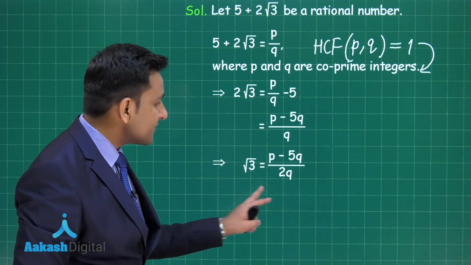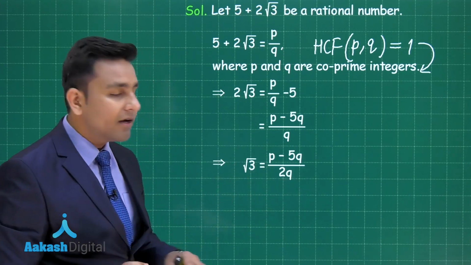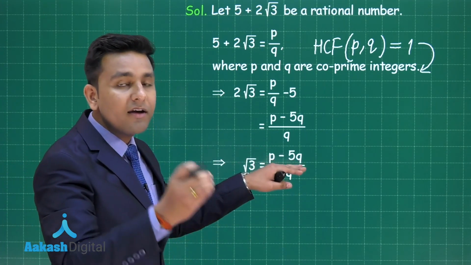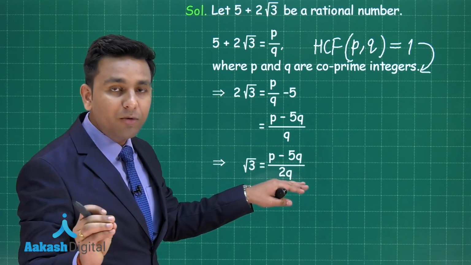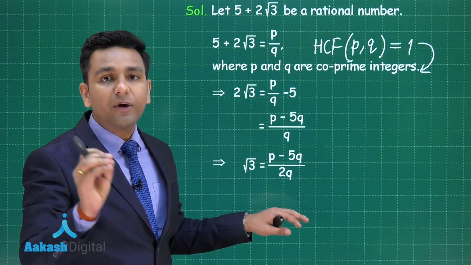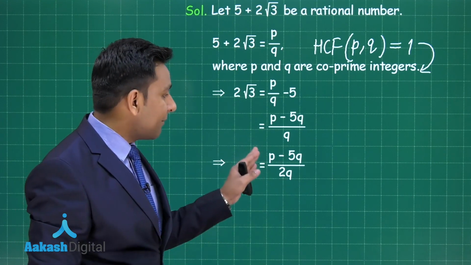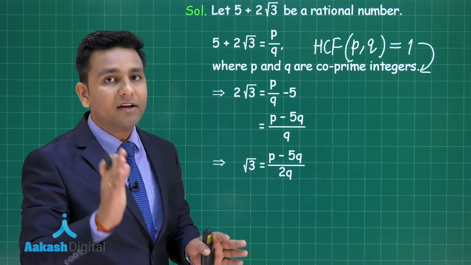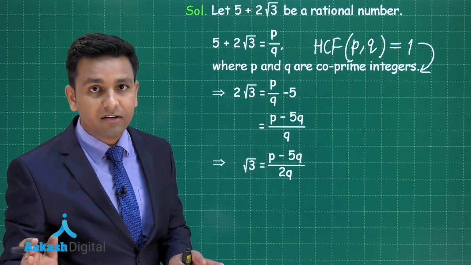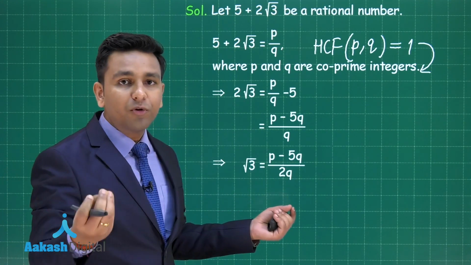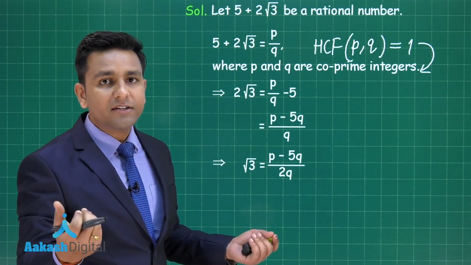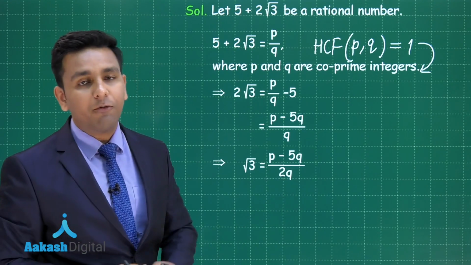With the help of this final expression, we can say our numerator on the right hand side is an integral value, and the denominator is also an integer. Why? When we subtract two integers, the result is always an integer. And in the denominator, we have 2q. When we multiply 2 to any integer, again we are getting an integral value.